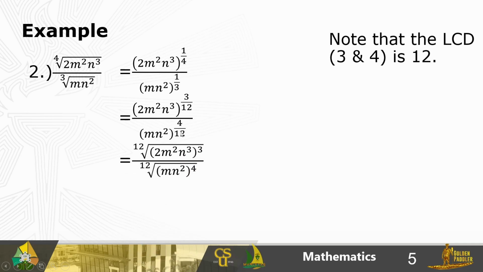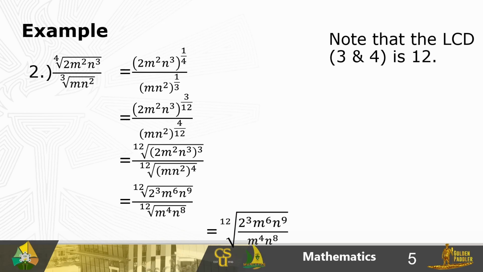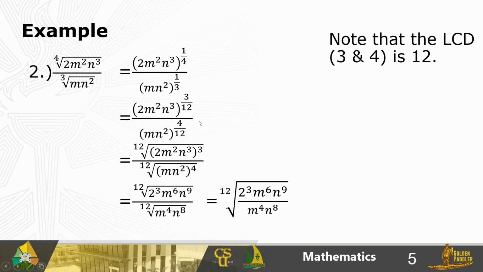Then, by the law, we can write this in this form, and then we can directly write that into this form. So we get 2 to the cube, m to the 6, n to the 9. And then, by the laws of exponent, we can simplify that to m squared n, because m to the 6 over m to the 4 is m squared, and n to the 9 over n to the 8 is n.